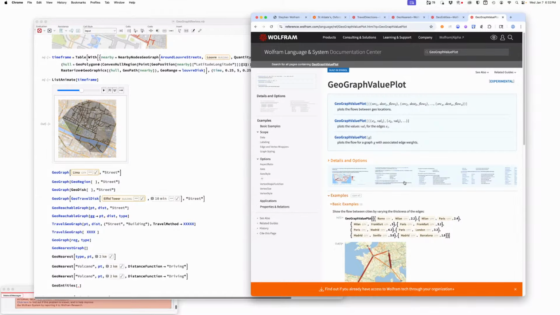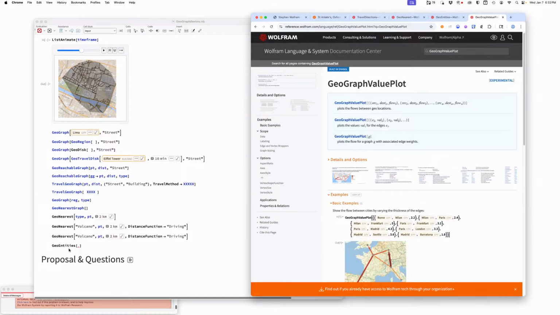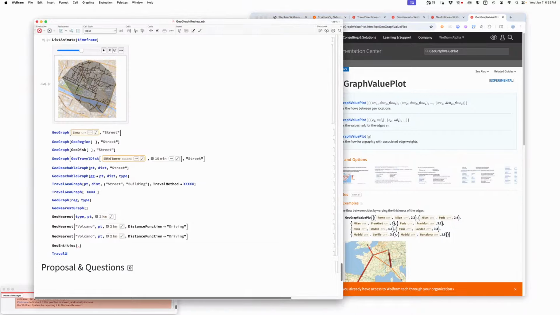Okay, the main point is we've got two pieces of functionality. We've got TravelGeoGraph where it could be just a region and a type. And then instead of the region, there are actually three cases.